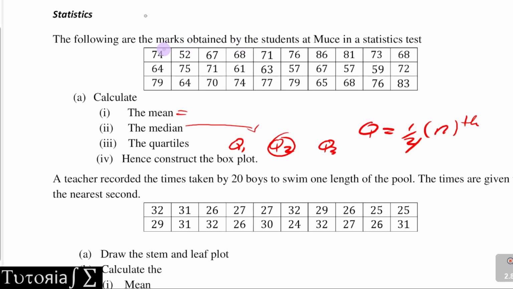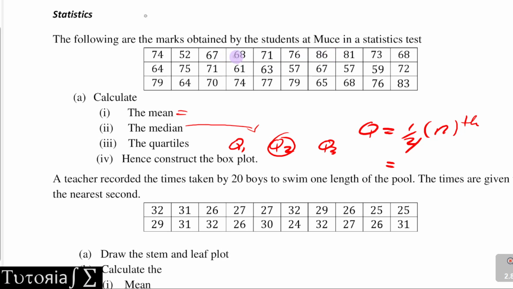So for instance, counting 1, 2, 3, 4, 5, 6, 7, 8, 9, 10, three times, the data here is 30. So 1/4 of 30, that is 30 divided by 4. This will give us 7.5. So we look for 7.5: 1, 2, 3, 4, 5, 6, 7.5 will be in between here.